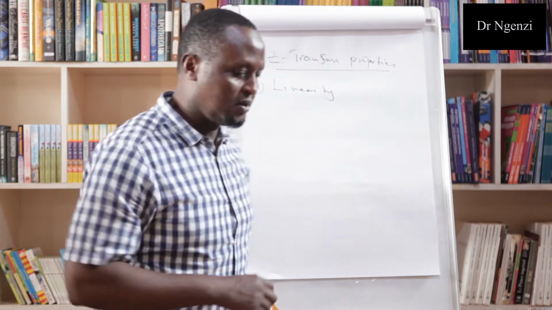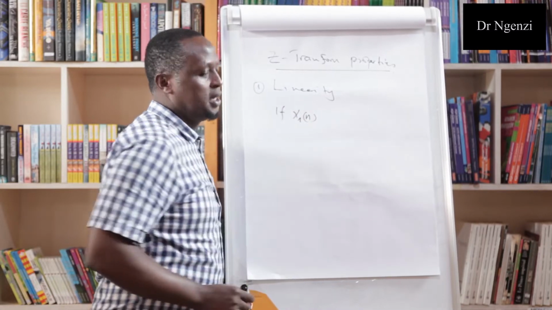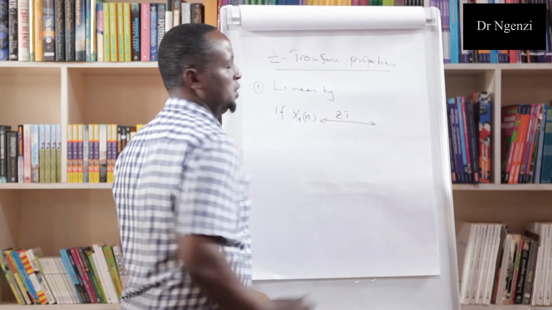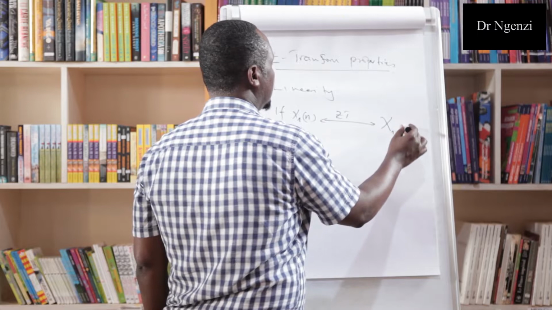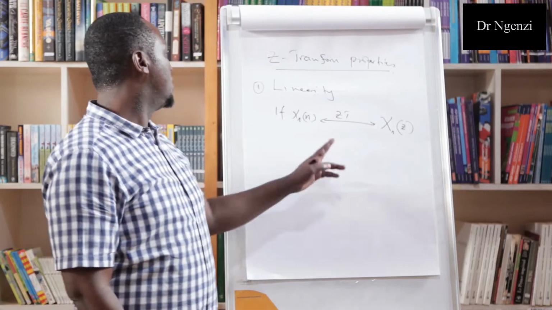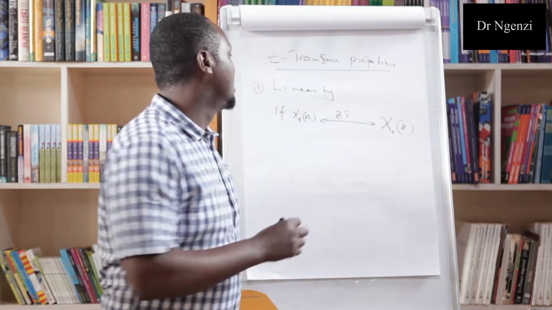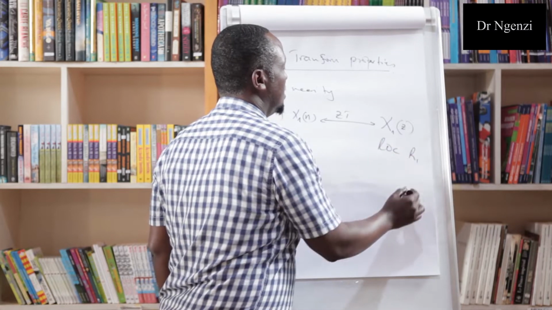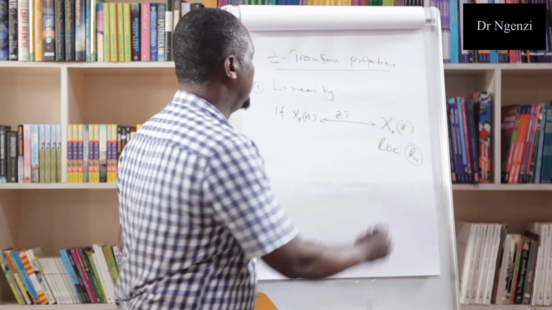Suppose we have a signal x1 of n. Transforming it using the Z transform gives the corresponding frequency-domain X1 of z, and the region of convergence is going to be the circle, the unit circle in the middle, R1 in this case.